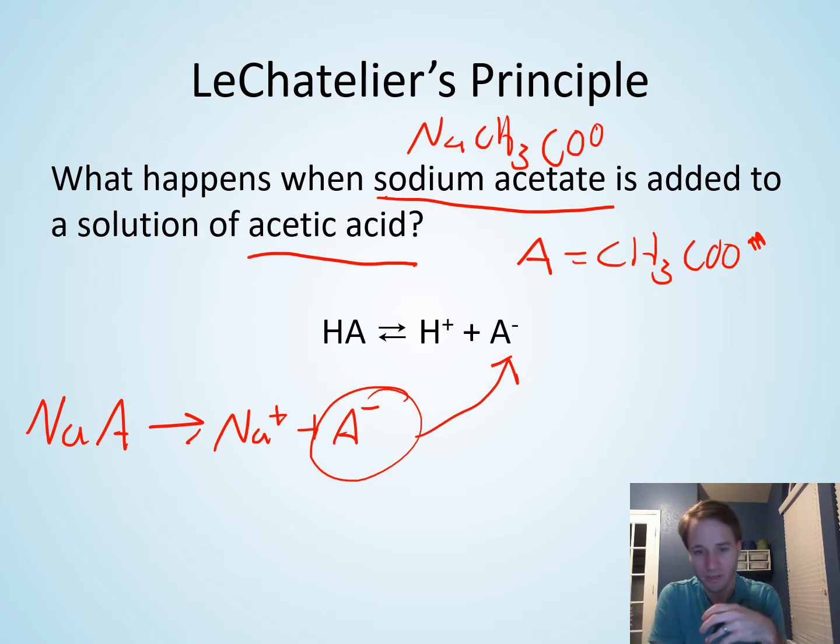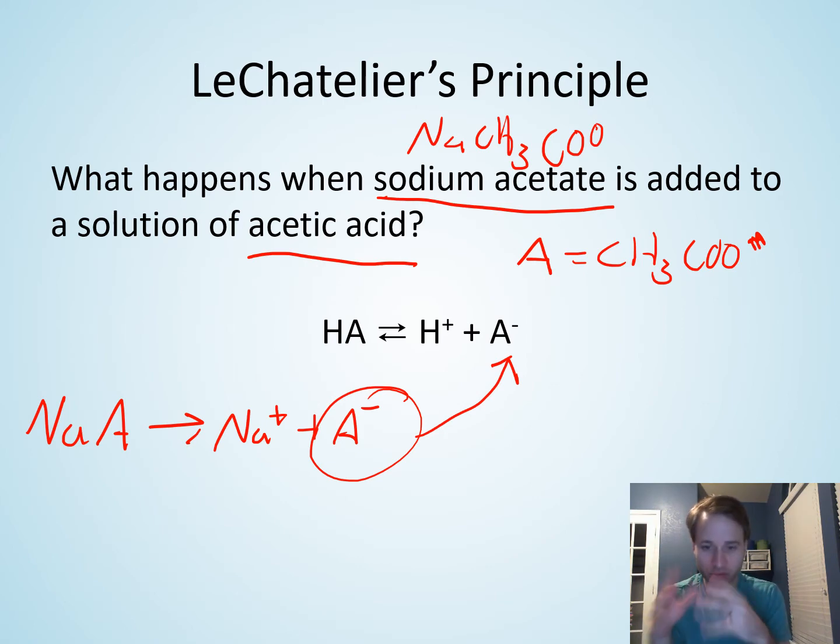So what we've done now is essentially an application of LeChatelier's principle. We have this equilibrium that's established, and now we add some acetate ion to solution, and that is going to cause the equilibrium to shift to the left. So I'm going to get less acetate ion and hydrogen ions in solution.